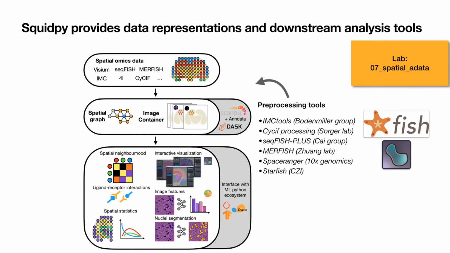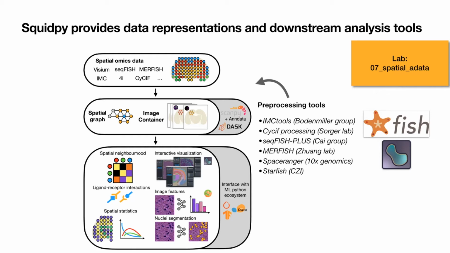So we have several methods that can quantify spatial variation of the tissue. This is both for continuous covariates like gene expression, and also for discrete annotations, like healthy versus diseased regions in the tissue or different cell clusters.